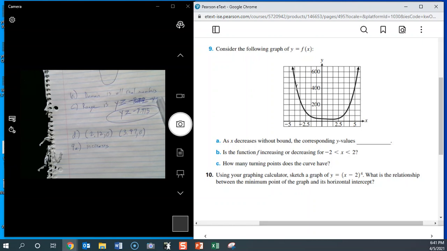Okay, B. Is the function f increasing or decreasing? Now they're saying here we need to look from about -2. I'm assuming that this is the start of this graph because this is listed here. So they want us to do this from -2 to 2. So we actually have to do a little guesstimation here because like I said, this is the y-axis, this is the x-axis, and this would be the 0 here.